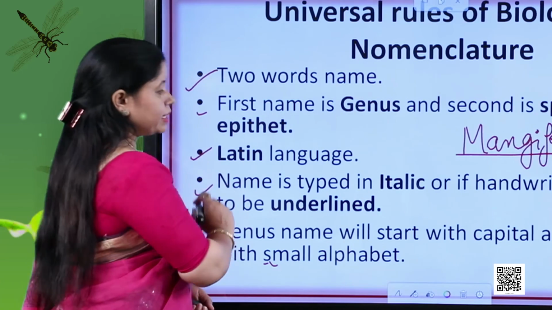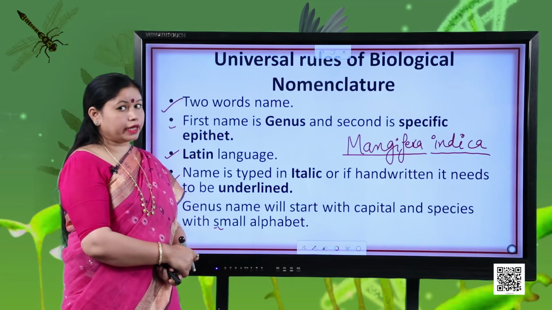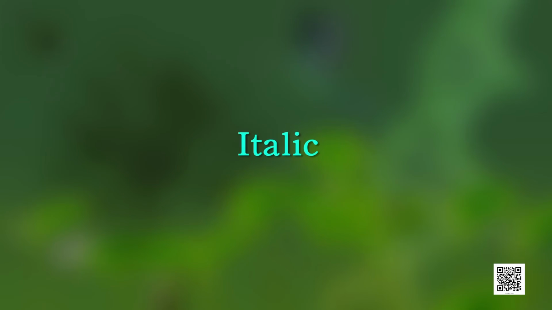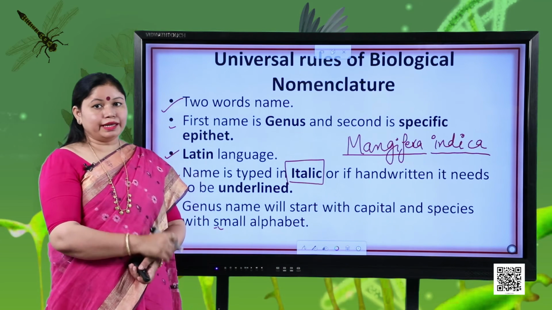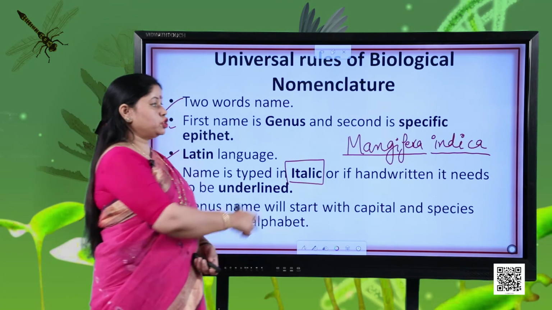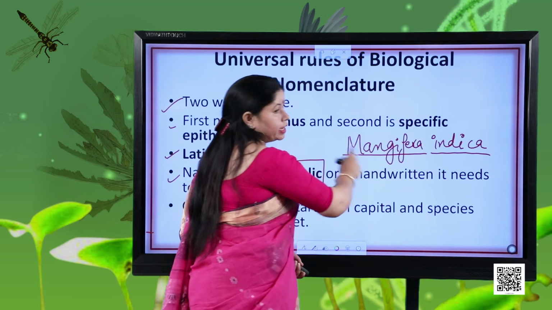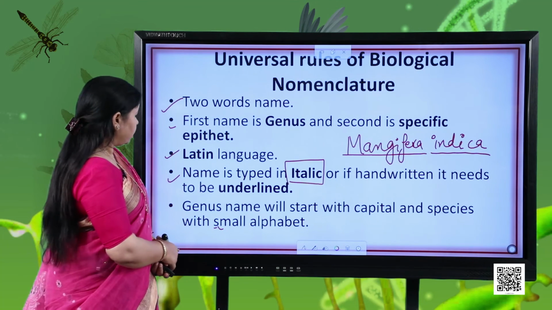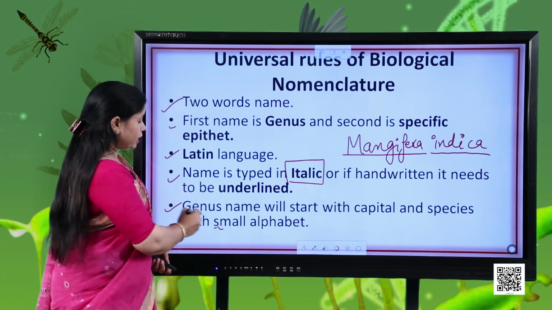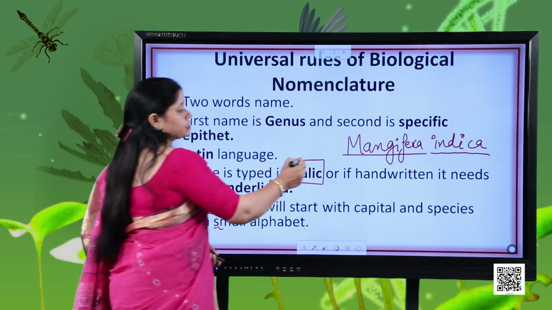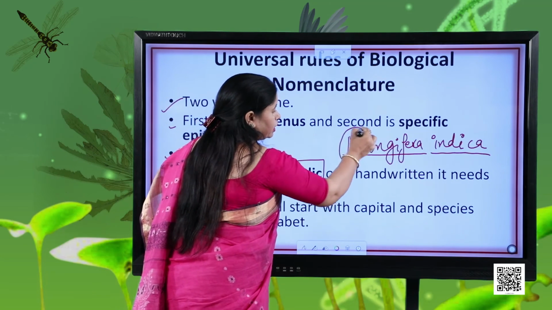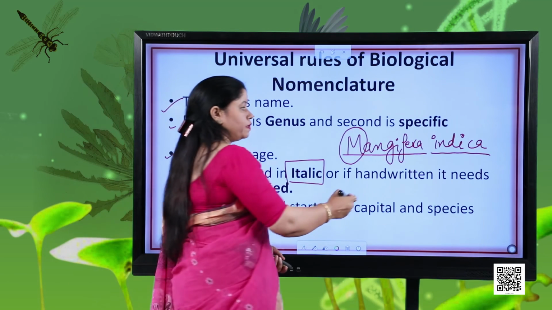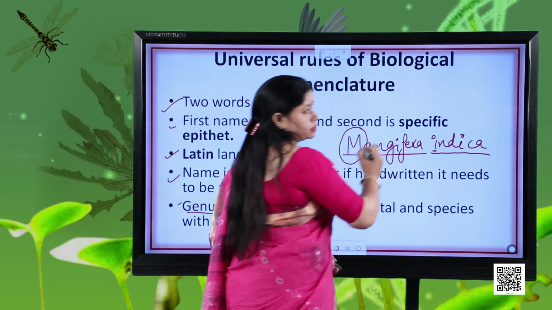The fourth rule says that when you are typing any biological name, it should be typed in italics. And when you are writing that name by hand, it should be underlined, and the underline should be separate for each word. The last rule says that the genus name must start with a capital letter and the species name always starts with a small letter.